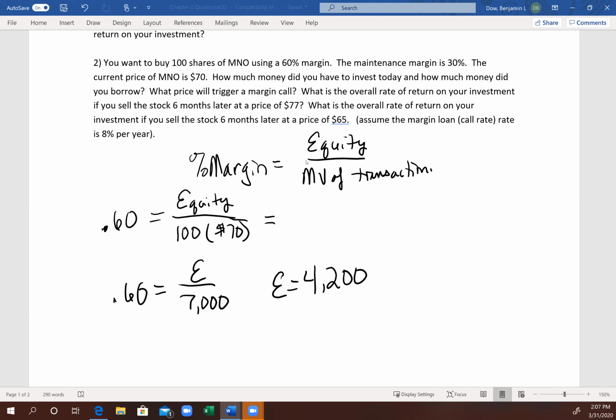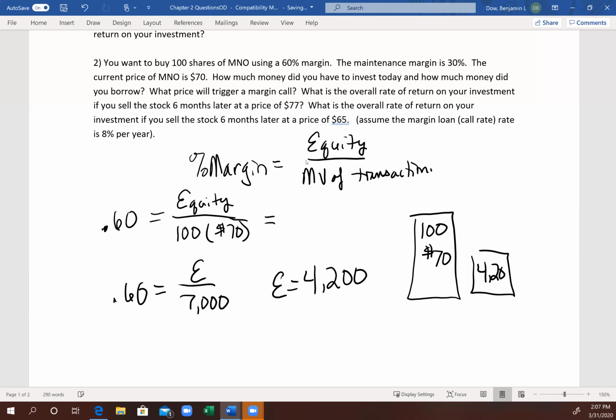That means in a $7,000 transaction, if we have 100 shares of stock, and right now they're worth $70, and our equity position, excuse me, is 4,200, then that means by default we borrowed 2,800.